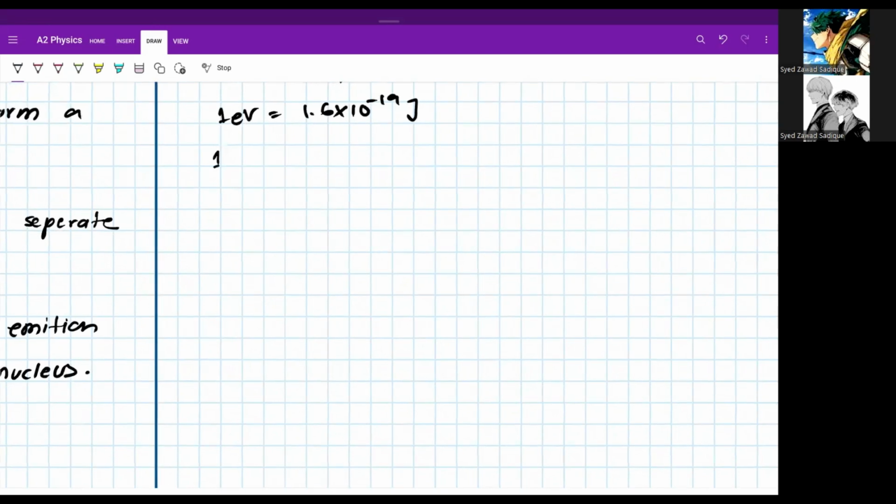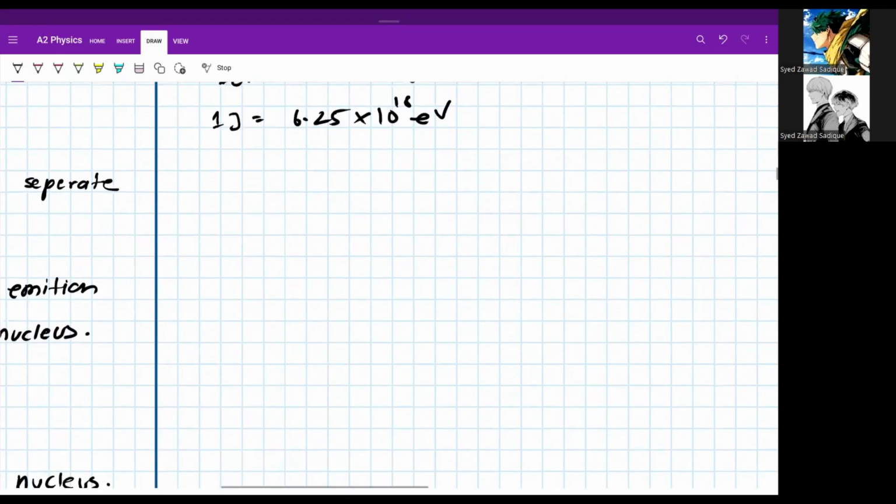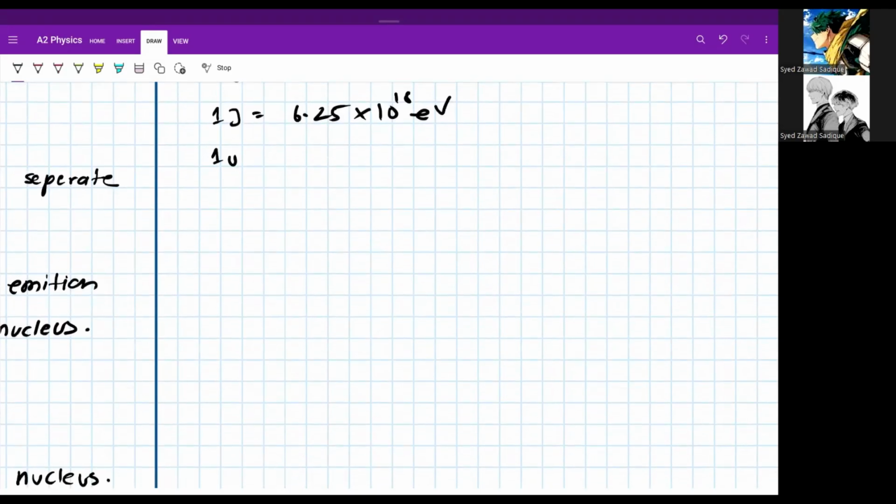Therefore, 1 joule is equal to 6.25 times 10 to the power 18 electron volts. And 1 u, which refers to the unified atomic mass unit, is 931 mega electron volts. This is very important. Memorize this.